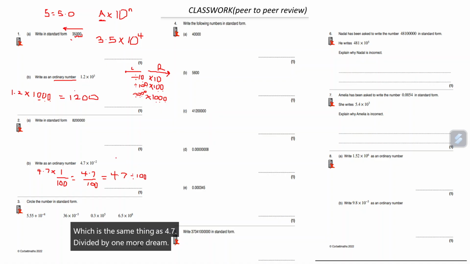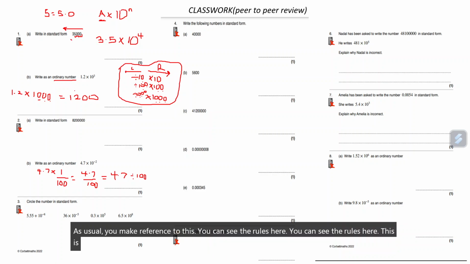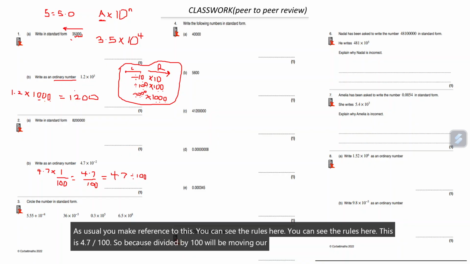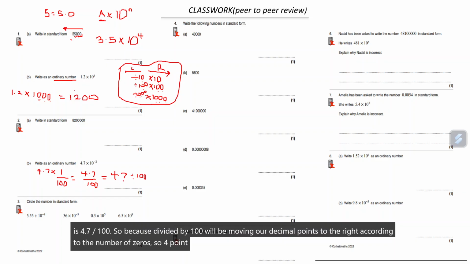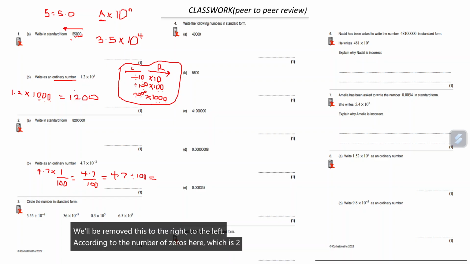As usual, you make reference to the rules here. This is 4.7 divided by 100. Because it's divided by 100, we'll be moving our decimal point to the left according to the number of zeros, which is 2 times.